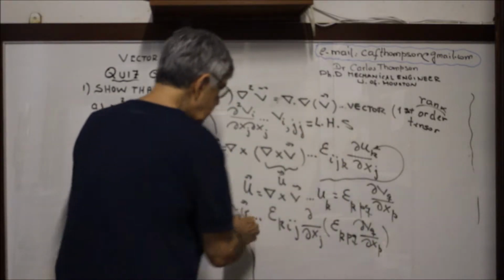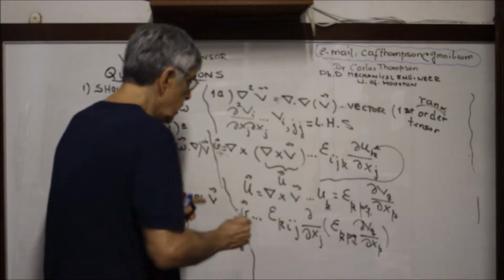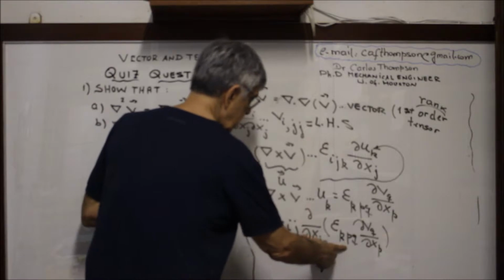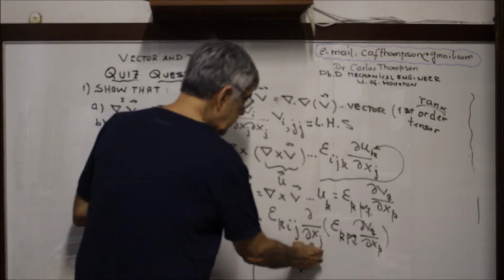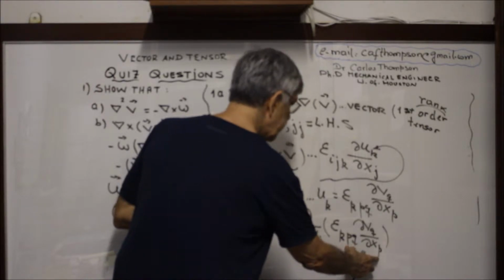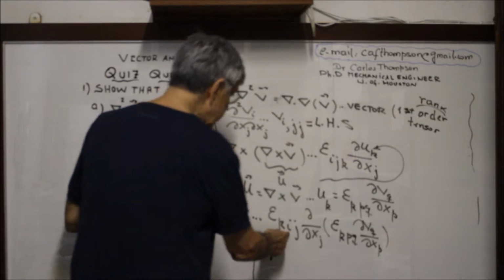Look at here, it's easy to see. k and k, dummy. j and j, dummy. p and p, dummy. q and q, dummy. So i is free.